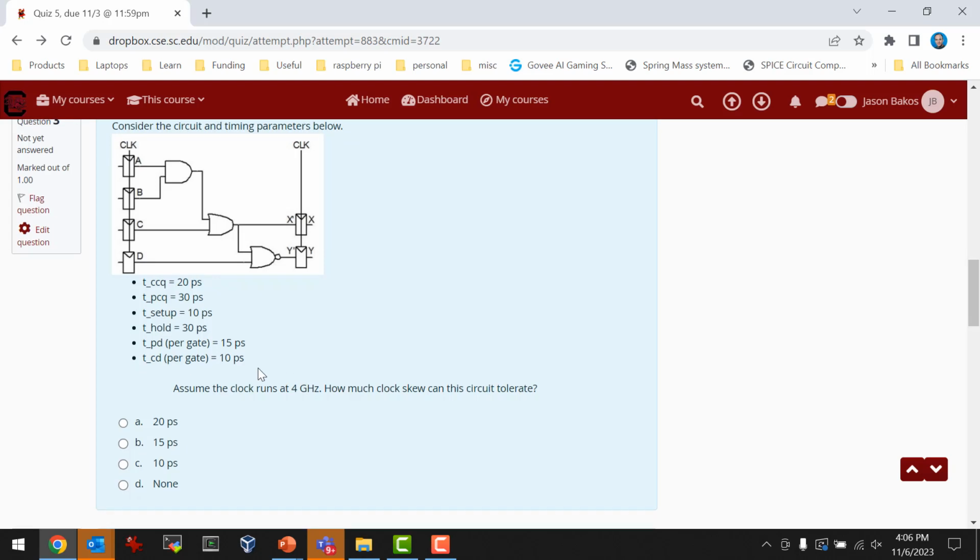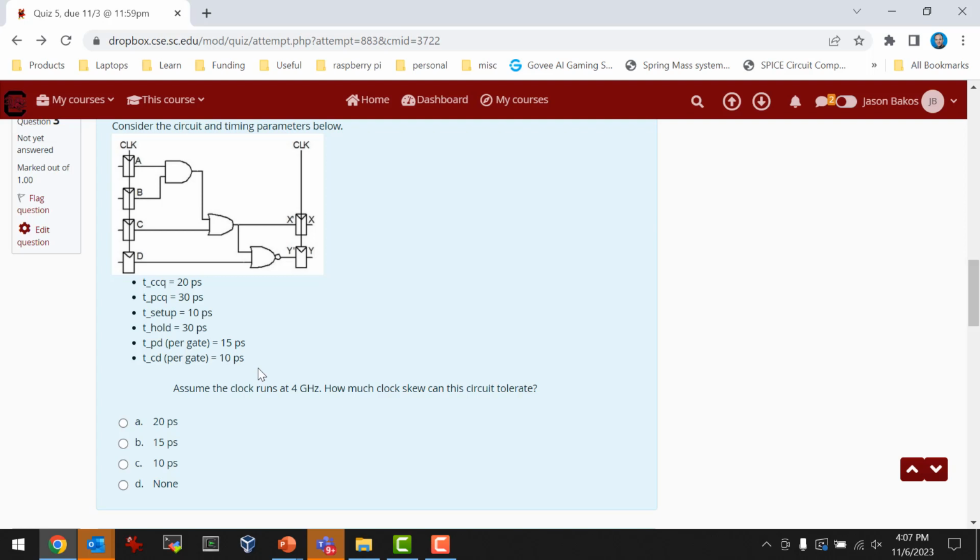Where did I screw up? 30 plus 45 plus 10. So 4 gigahertz, am I wrong about that? Yeah, so the clock period, again, you have to fit all of this in the clock. Each gate's propagation delay is 15, and there are 3 gates we go through.